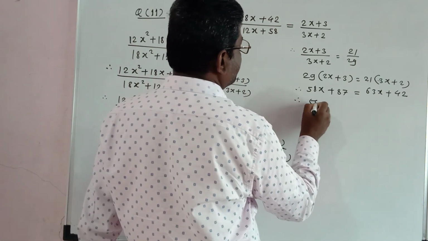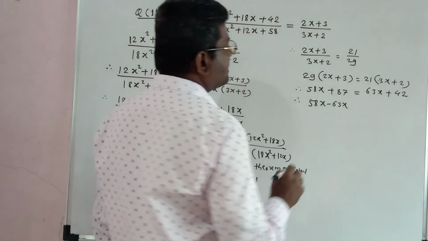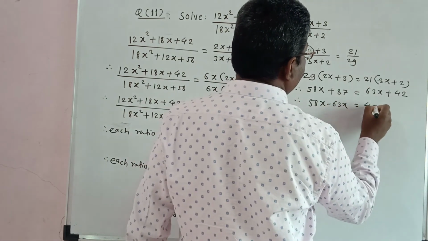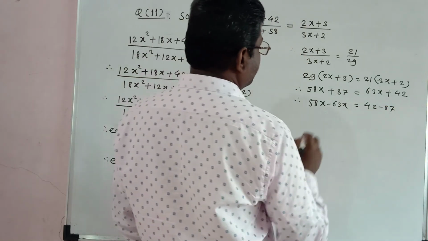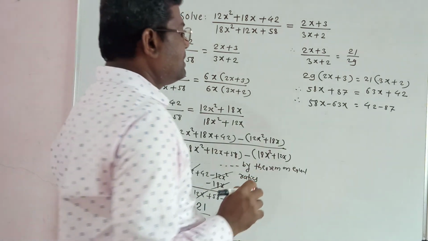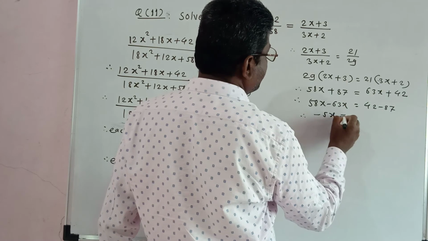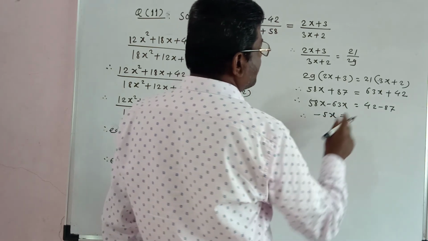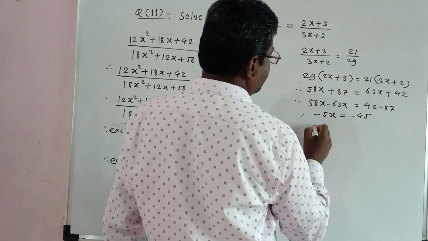Therefore, 58x minus 63x is equal to 42 minus 87.